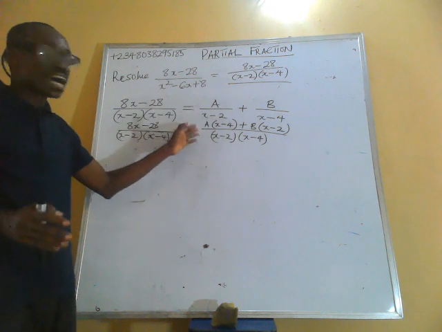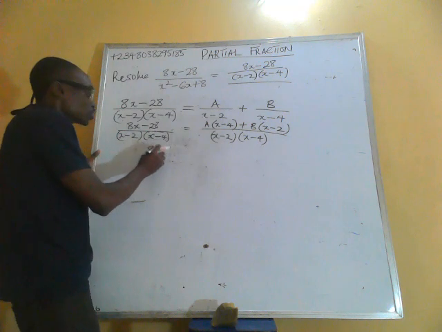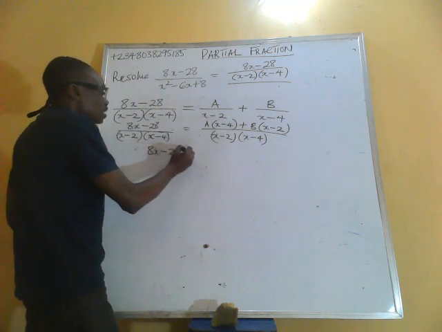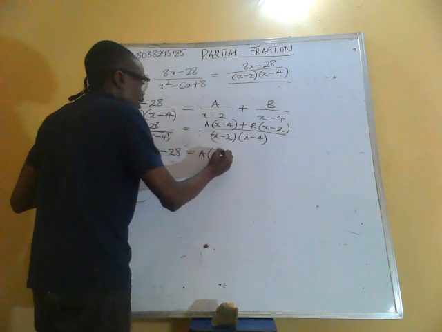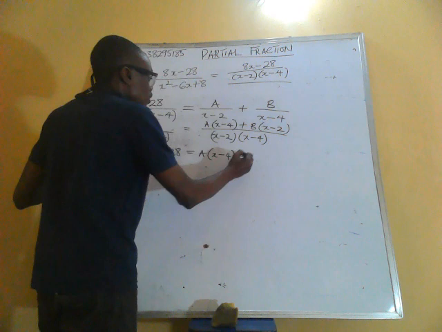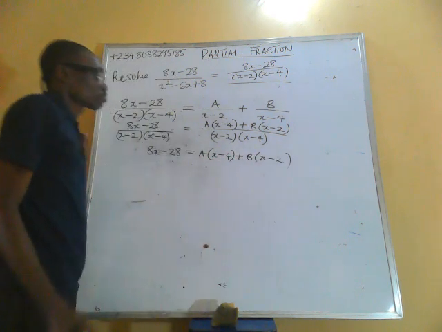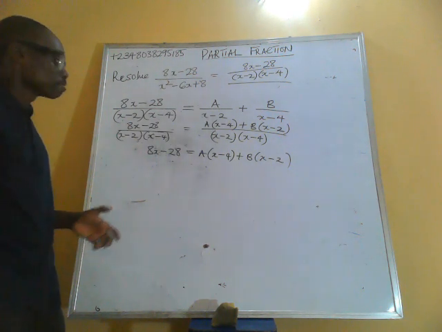This is actually an identity. Taking care of the numerator, you have that 8x minus 28 is equal to a times x minus 4 plus b times x minus 2. Okay, so we are going to solve for a and b.